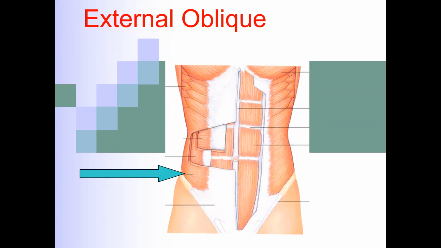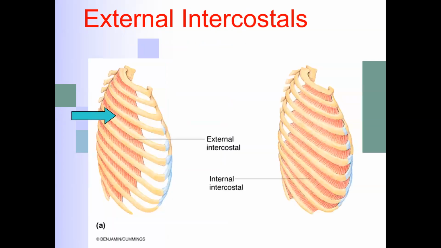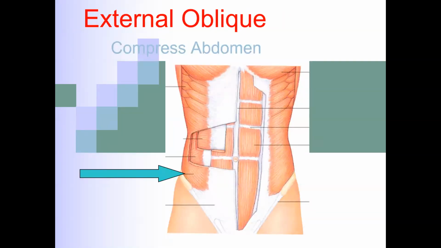Now there's also something called an 8-pack. If you're very well fitted out, you will also cause the external oblique muscles to look very prominent. So those are the ones sitting at the side, just above the hips, right here. So sometimes when they're exercising, those muscles also get big and bulgy. So you end up with what they call the 8-pack. So you have 8 obvious muscles in the abdominal region.